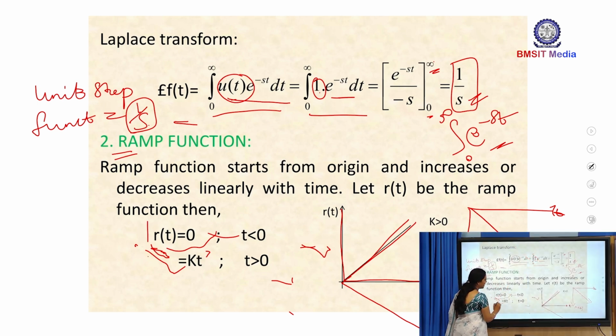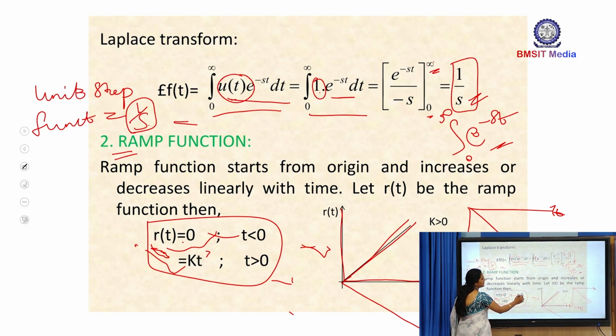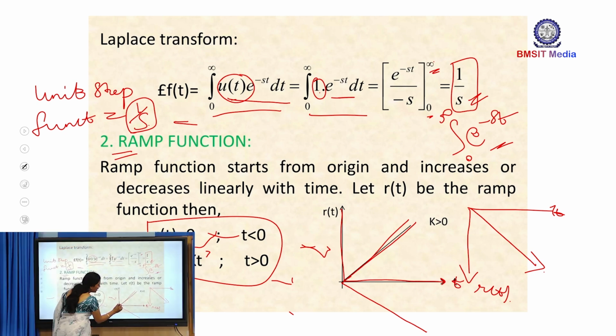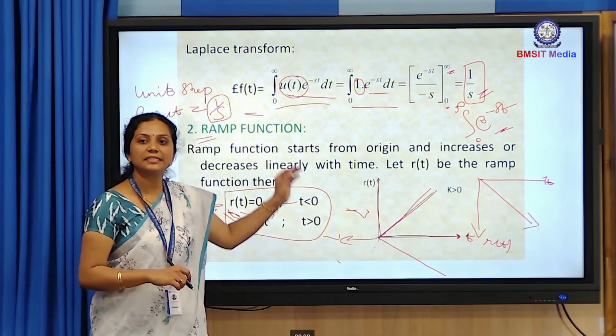Now, what is the final conclusion here? The final conclusion is r of t is equivalent to 0 for t lesser than 0. That means this is the point which is equivalent to 0. Lesser than this, anything on this particular side, I am not getting any value here because it is still at 0. It starts at 0.